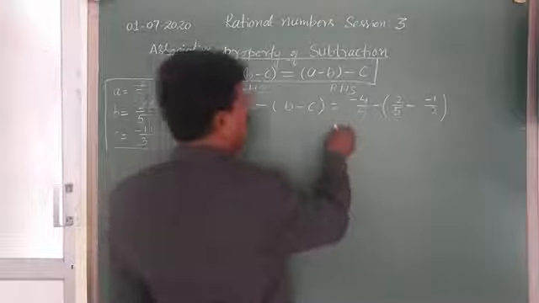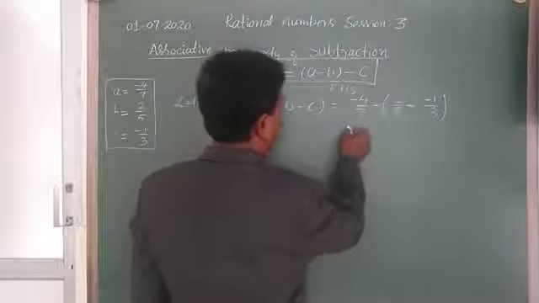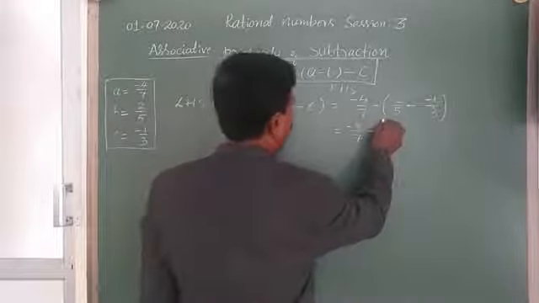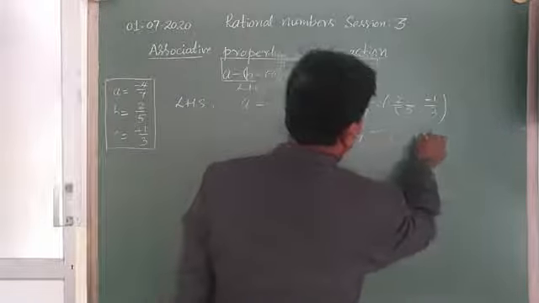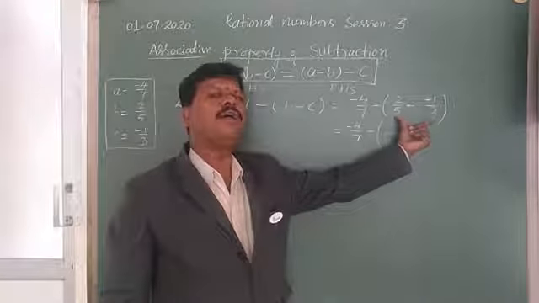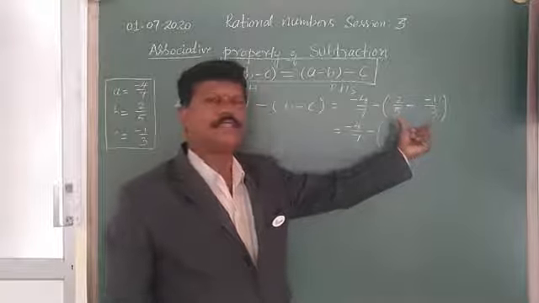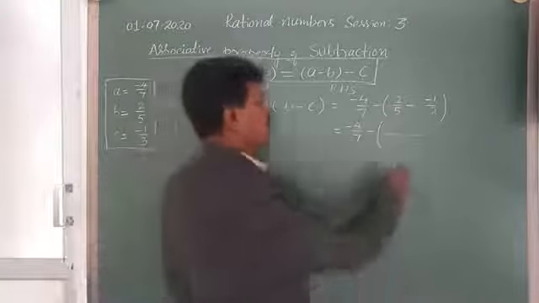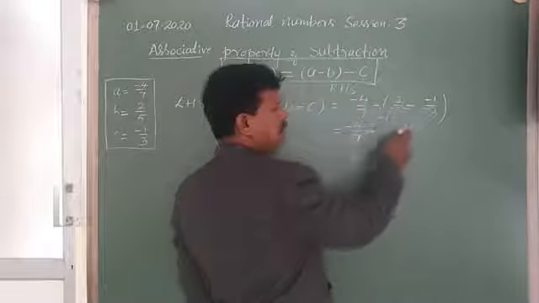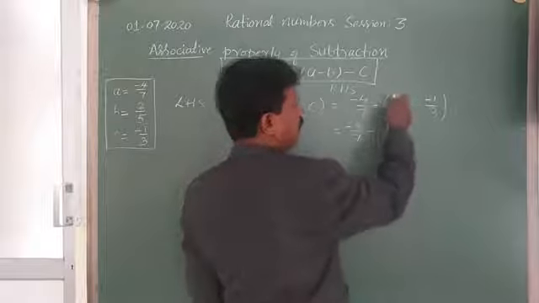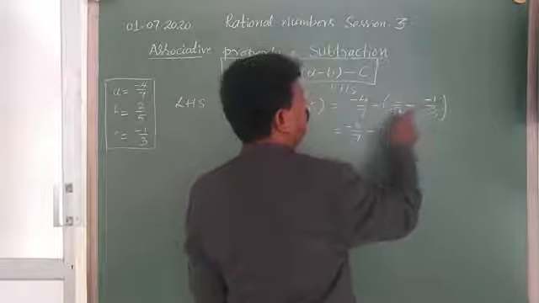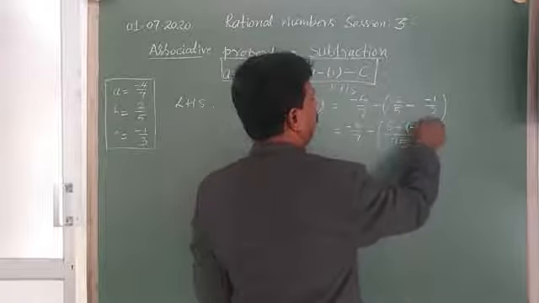Clear? Now here you can write this as minus 4 by 7 minus of bracket. Now again 5 and 3 are prime numbers. So what is their LCM? Their product, so 5 threes are 15. When you take the product as the LCM, then cross multiply: 2 threes are 6, minus of minus 1 into 5 is minus 5.